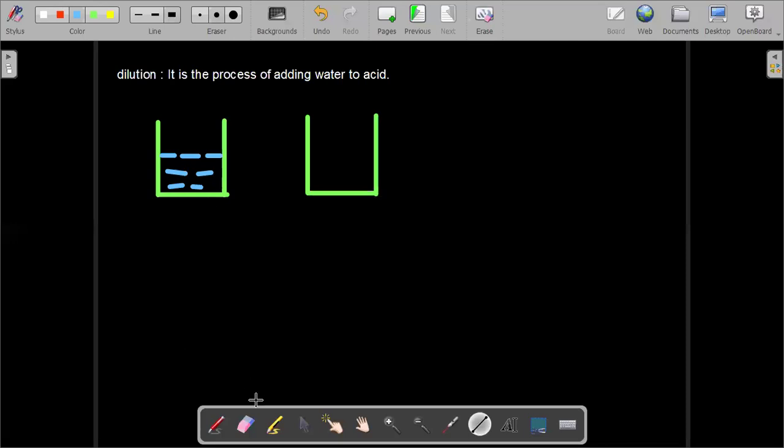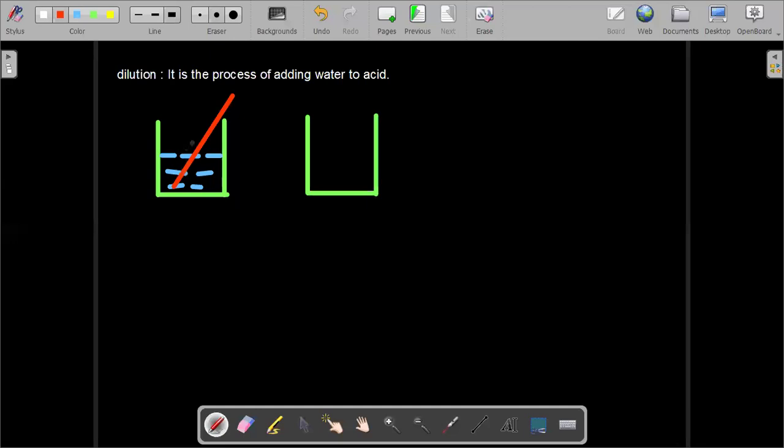To add acid to water, when we add a small amount of acid to the water, we keep on stirring it constantly. So with constant stirring, the acid should dissolve.